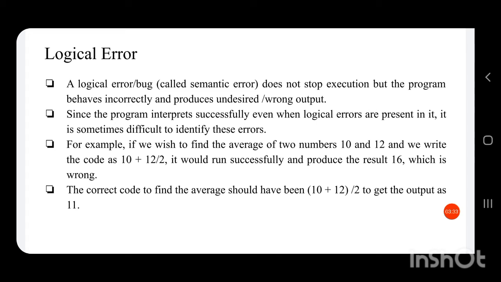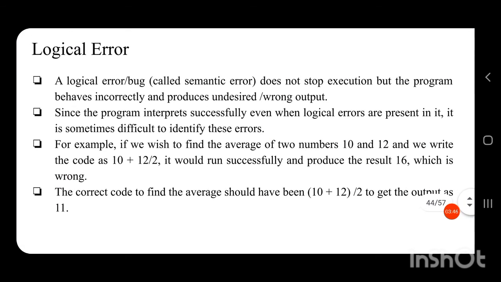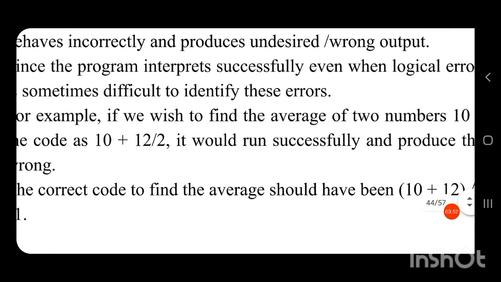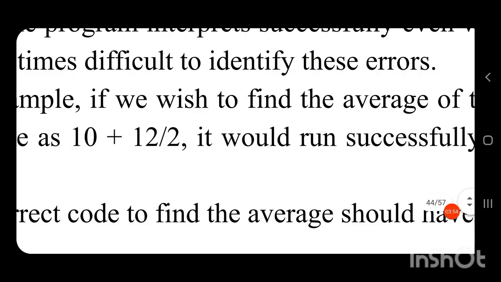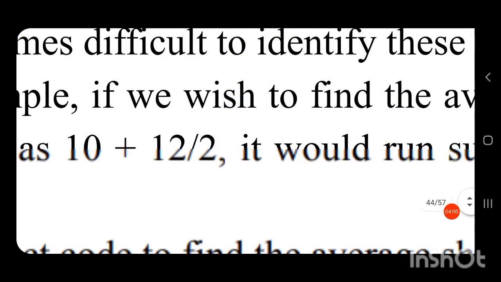Since the program interprets successfully even when logical errors are present in it, it is sometimes difficult to identify these errors. For example, if we wish to find the average of two numbers 10 and 12, and we write the code like this: 10 plus 12 by 2. The interpreter will check the operator precedence and first calculate 12 divided by 2, which is 6. 6 is then added to 10.